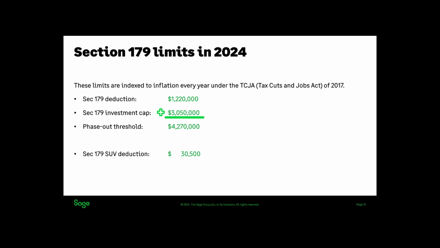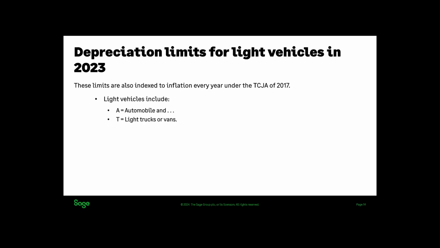Now, there are depreciation limits that apply to light vehicles, and these too are indexed to the inflation rate. On the slide, you can see that you have a way of identifying light vehicles. The A represents a passenger automobile, and a T represents a light truck or van.